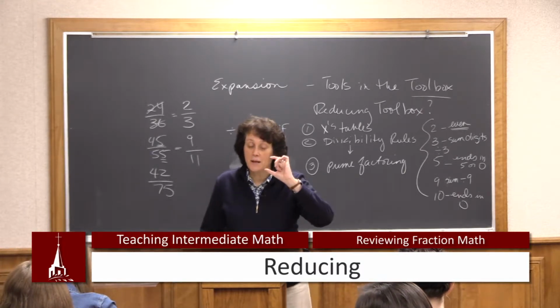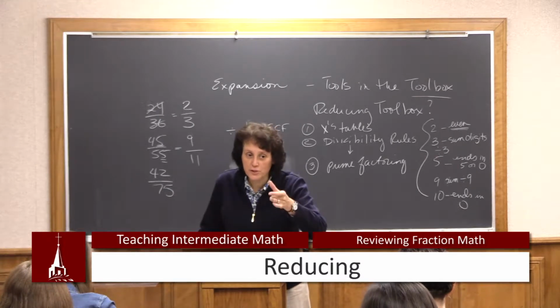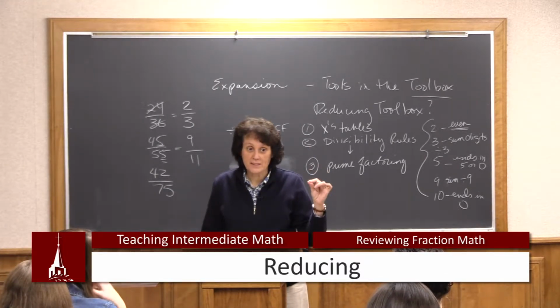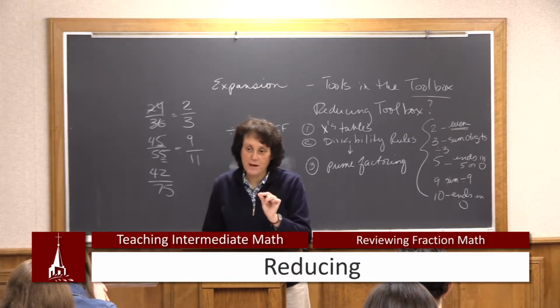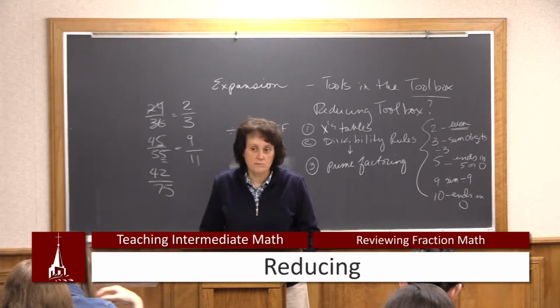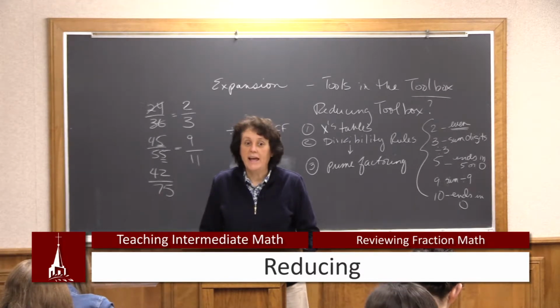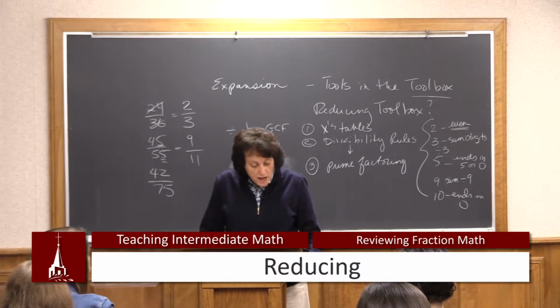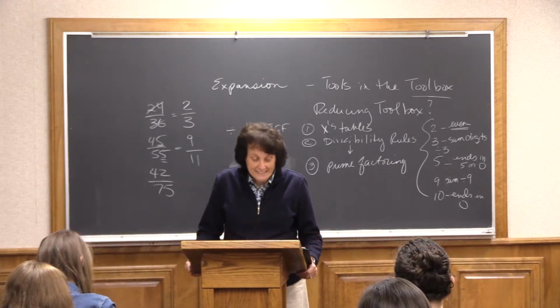So if we combine the divisibility rule for 2 with the divisibility rule for 3, we get the divisibility rule for 6, which brings us up to the importance of prime numbers versus composite numbers that I want to take care of when we do the main part of today's lesson, which is common denominators, and least common multiple versus greatest common factor. Okay? All right, so tools in the toolbox.